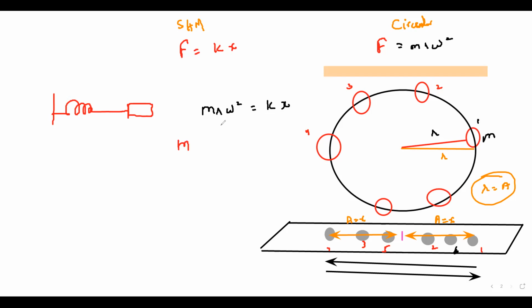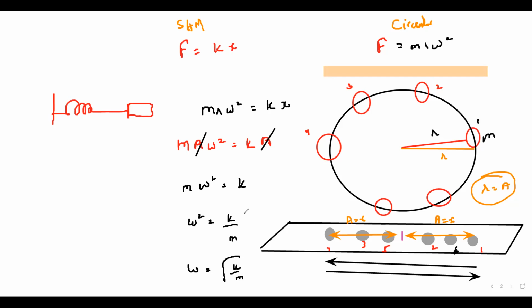So this is m, where r is the radius, which is equal to the amplitude, so we can say a, and omega square. Here this is k, and what is x? X is equal to the amplitude, so we can say a. The amplitude will cancel with the amplitude. So m omega square is equal to k, or omega square is equal to k divided by m, or omega is equal to the square root of k divided by m.